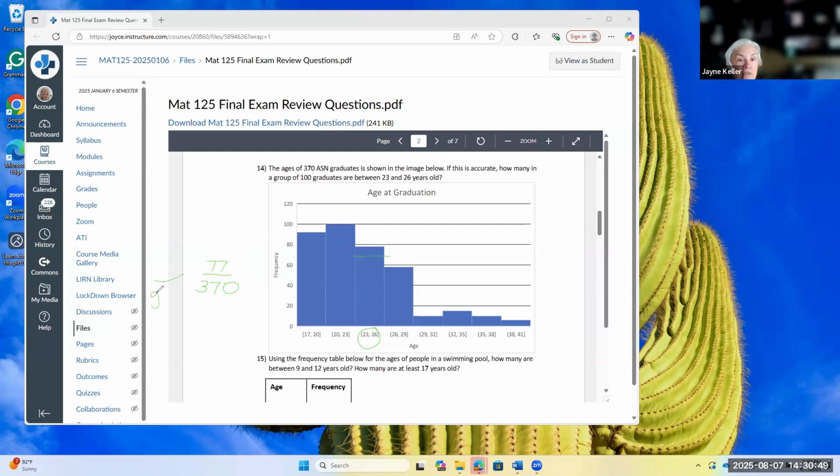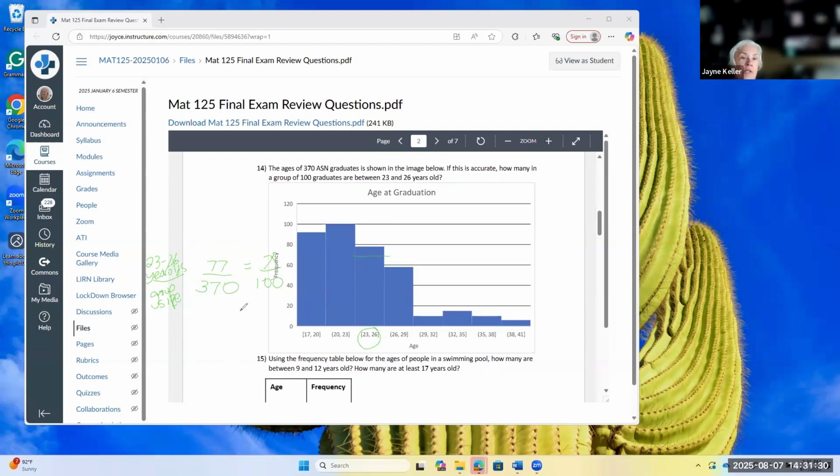If I put the group size in the denominator and the number of 23 to 26-year-olds in the numerator, and set them equal, I should be able to fill in the missing part. So I have a group size of 100, and I want to know about how many 23 to 26-year-olds there would be. I'm setting up this proportion since I'm assuming these ratios are going to be the same. Does that look like something you've seen before?